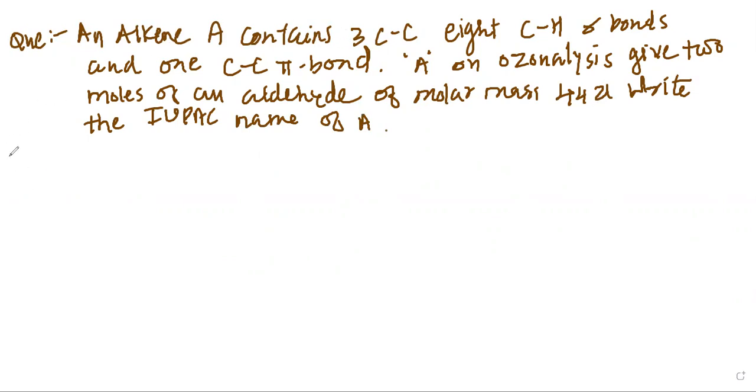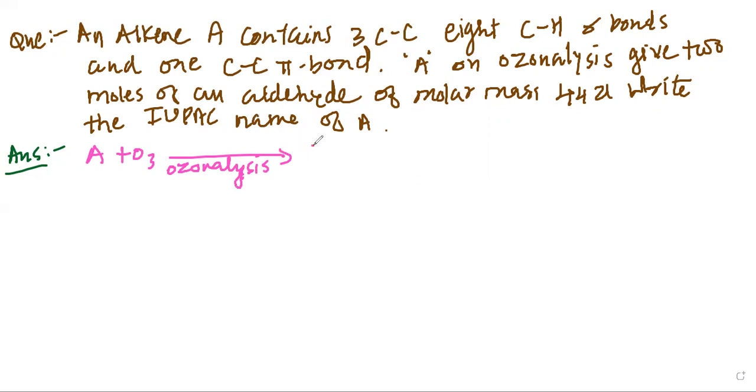Before answering the question, my dear students, first let us pay attention to the ozonolysis reaction. Here we have A on ozonolysis, A plus O3, the reaction known as ozonolysis, and this gives 2 moles of aldehyde.